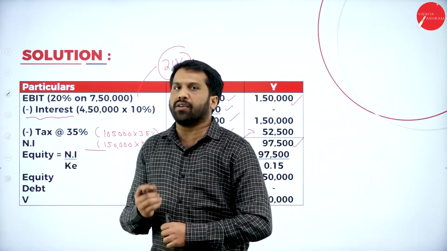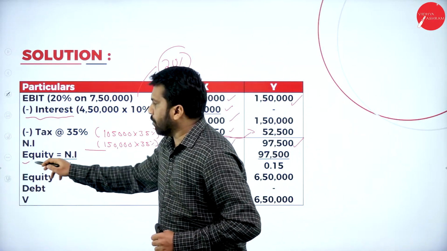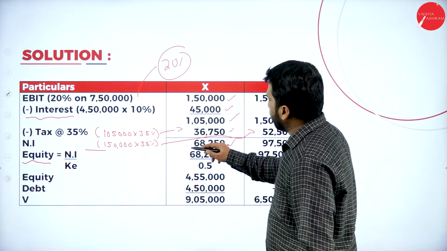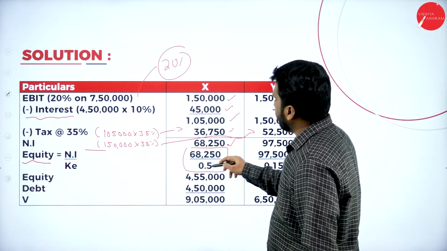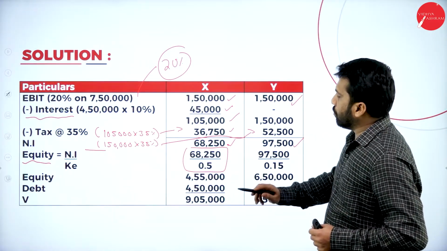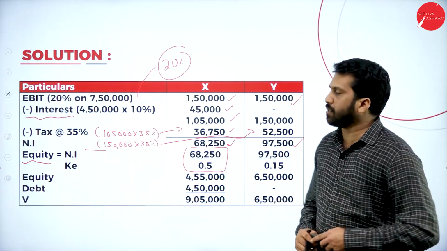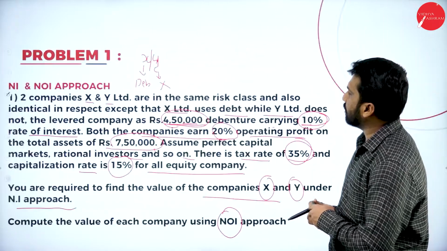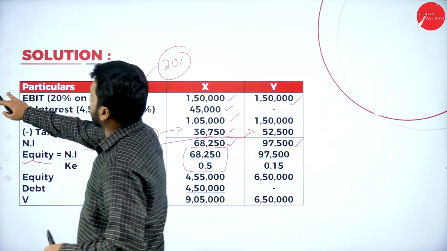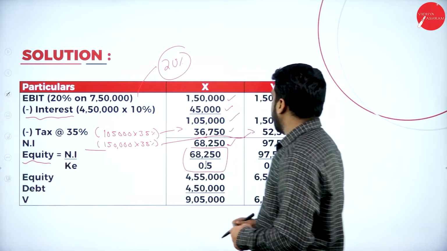After getting net income, what is the next procedure for NI? You have to go for the value of equity. Equity value is how much? Your net income divided by your cost of equity. Net income 68,250 divided by your cost of equity is how much? 5%. Where do we get this 5%? I'll come back. So it must be 15%, not 5%, because your cost of equity is given as 15%.